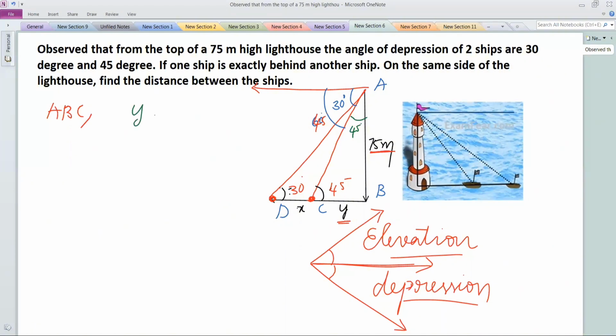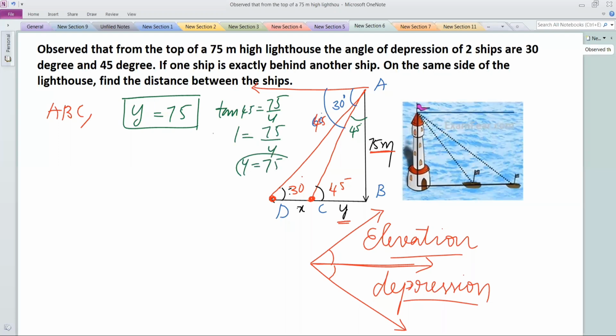This is the direct way of finding. Or you can go with tan. See here, a simple way I'll tell you. Tan 45, opposite is 75, adjacent is y. Tan 45 is 1, so 75 by y, y is equal to 75. For those who are not getting it, I'm telling you how we can find it directly. In this, we got y as 75.